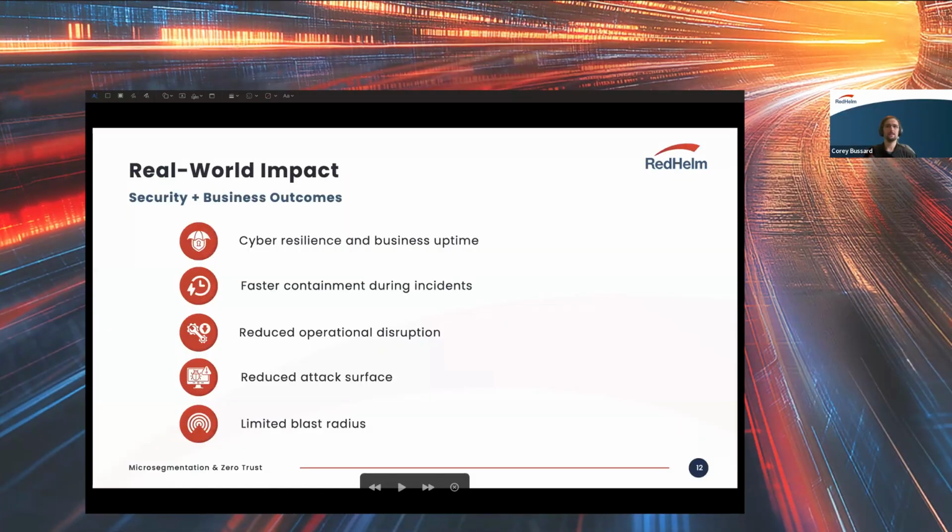Things like that. With these solutions deployed, you're also going to have faster containment. So even if you don't get to the golden end goal of, hey, I want to be able to fully segment my environment, maybe you're still walking through that process. Well, during a bad situation, you're talking about just adding policy. You're not deploying something.